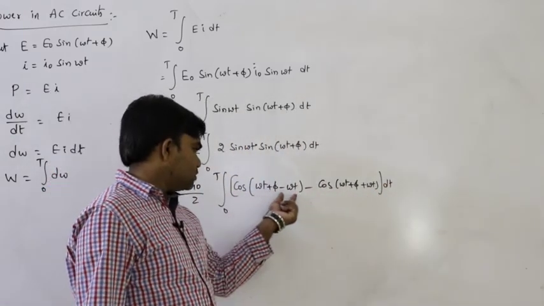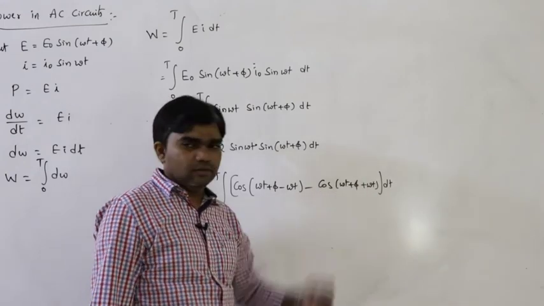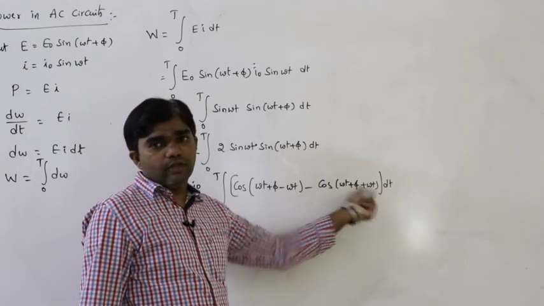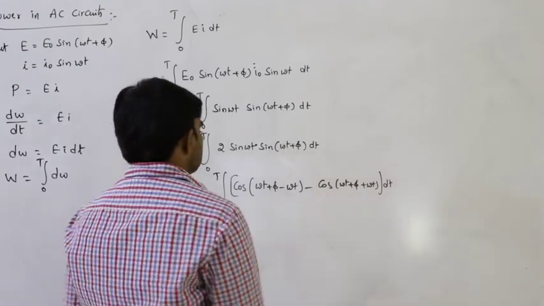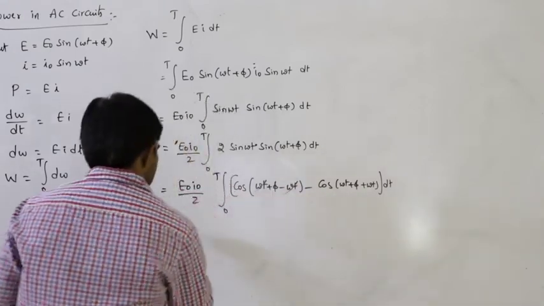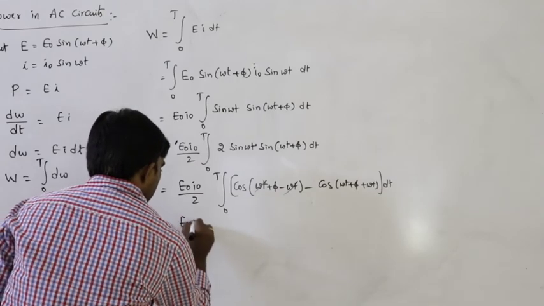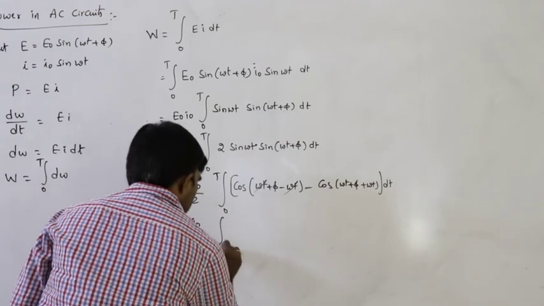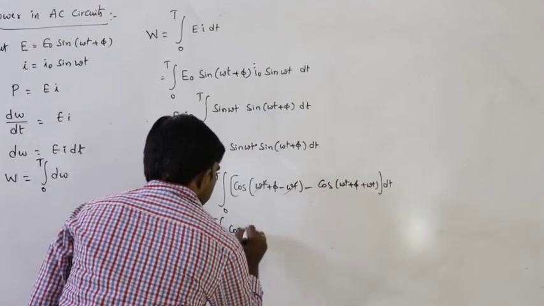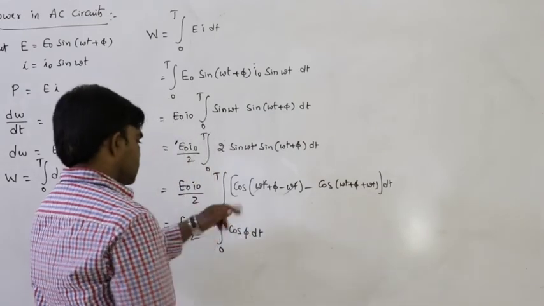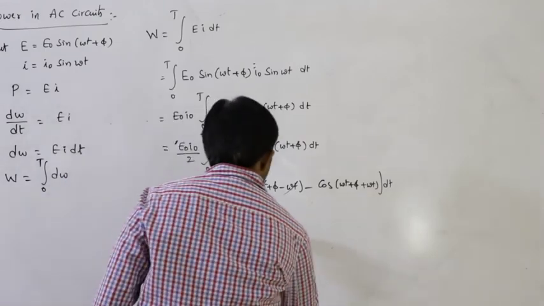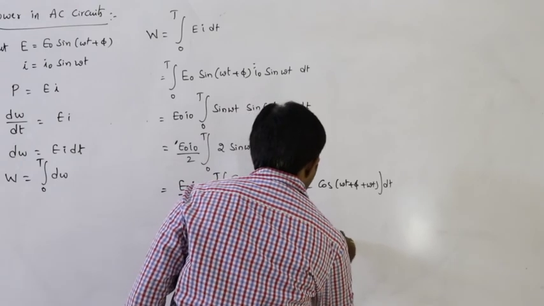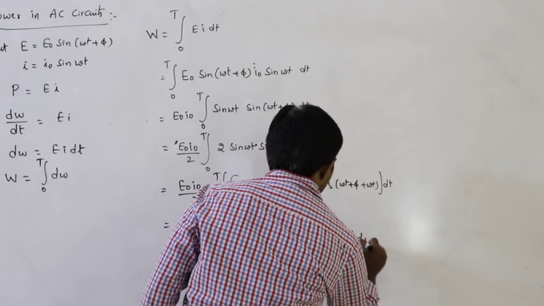Omega t gets cancelled. So this is E naught I naught by 2 integral of 0 to T cos phi dt minus integral of 0 to T cos of 2 omega t plus phi dt.